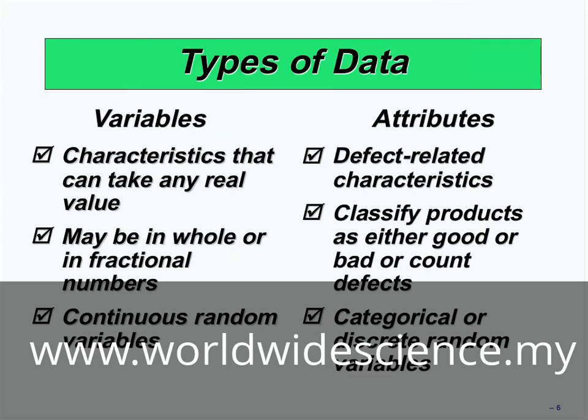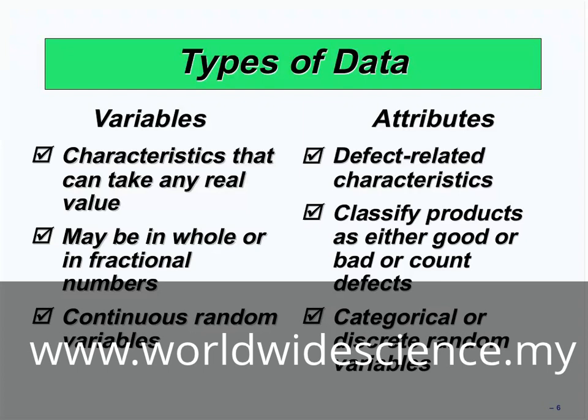Types of data. With regard to your production or service, the data can be categorized into two groups: variables and attributes. Variables are characteristics that can take any real value, like temperature, weight, speed, acceleration, height, width, length, and something like this.